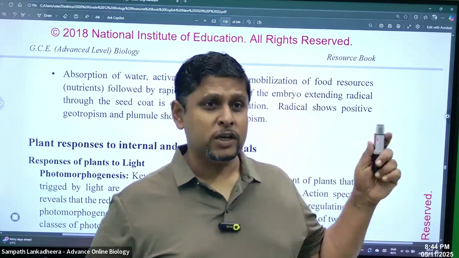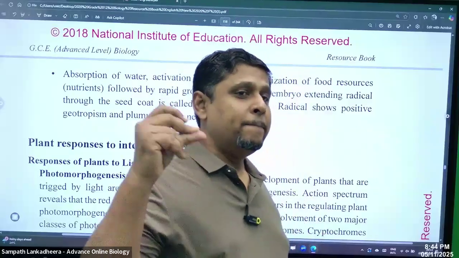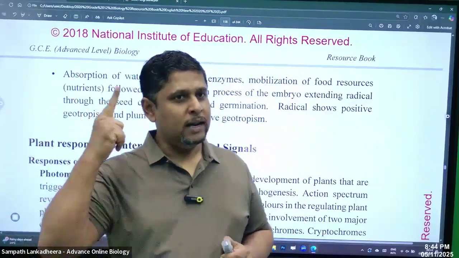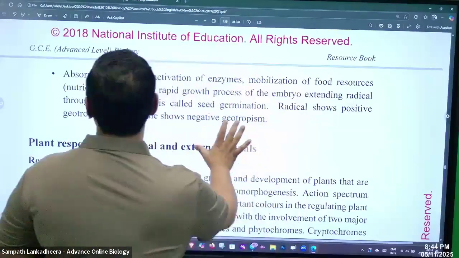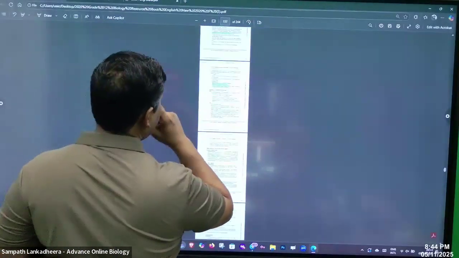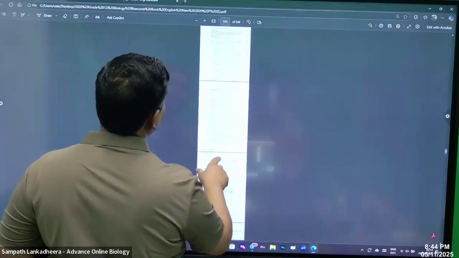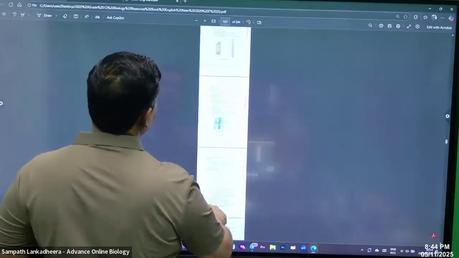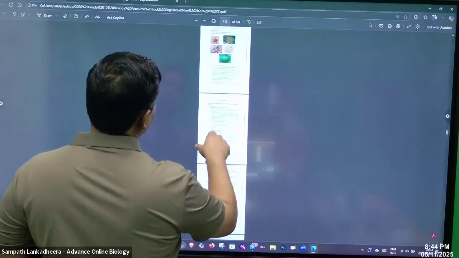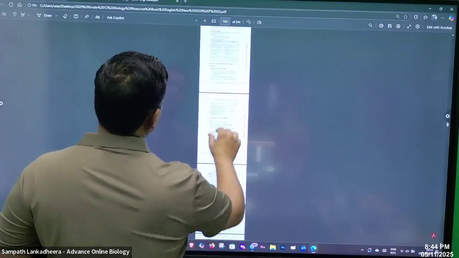So shall we move to the part fungal life cycles? Fungal life cycles. Let's go for that. Fungi. Now, people, life cycles of fungi.